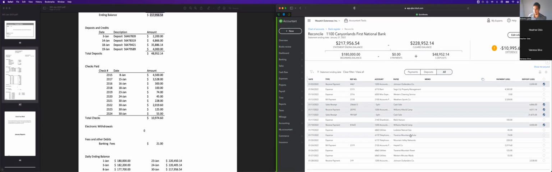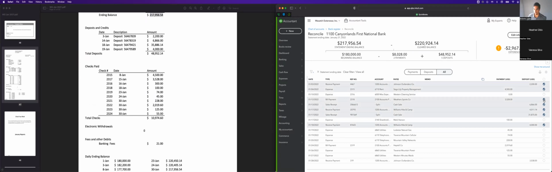Now we go to the checks paid. We have 4,500, 3528. The $0 expense is 0, so we're gonna hit it anyways. It probably shouldn't be here. I'm not sure what that is, but we keep going down. We have the 100.